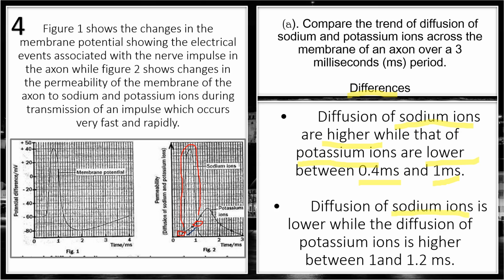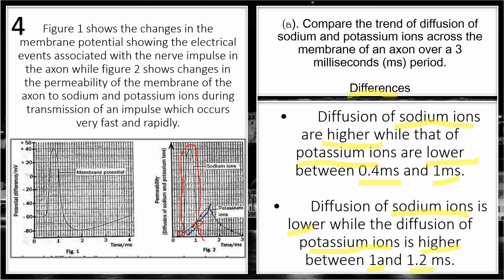And the diffusion of sodium ions is lower, while the diffusion of potassium ions is higher, from 1 to 1.2 milliseconds. So when you look between 1 and 1.2, you can see that the potassium ions are higher, whereas the sodium ions are lower.